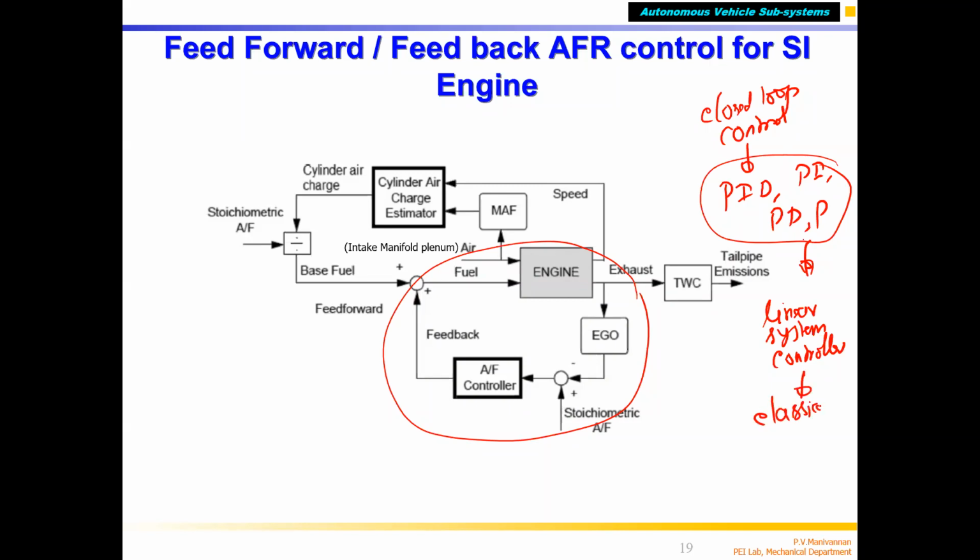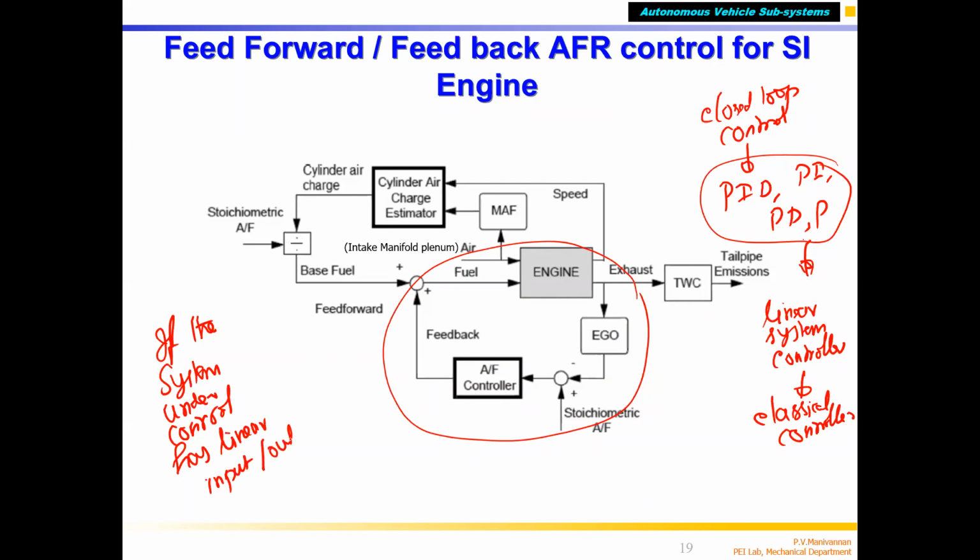Basically why it is called a linear controller is that the system under control has linear input output characteristics, or the behavior of the system is linear in nature, correct?